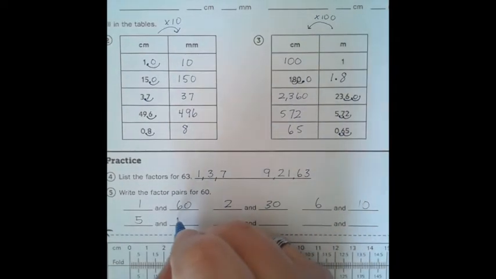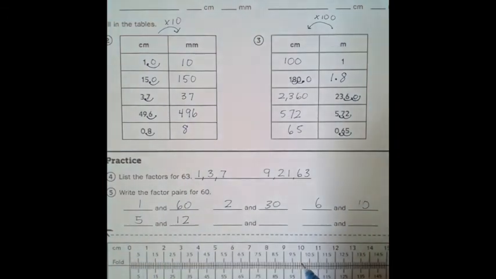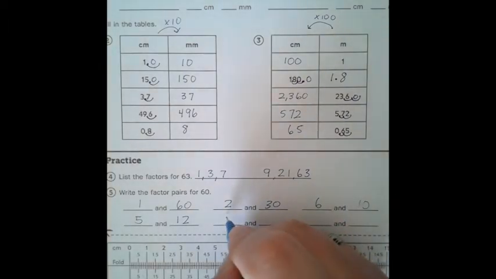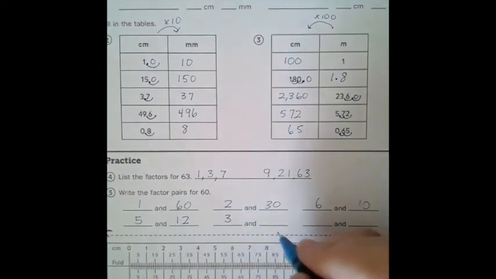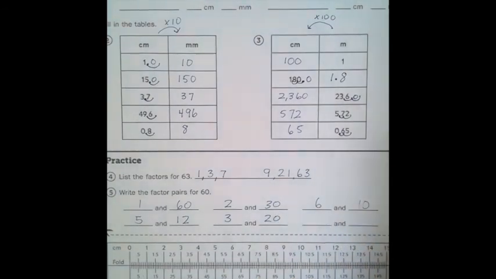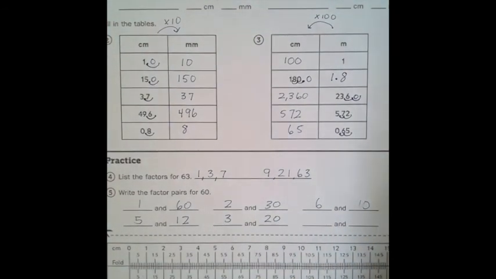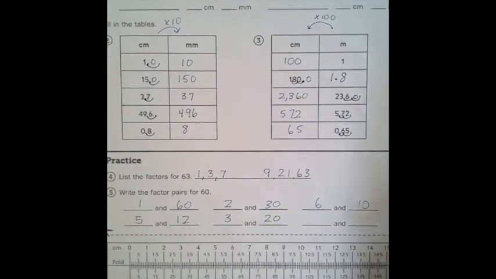So 5 times 12 would be 60. Another one we can do is 3, and 3 times 20 is 60. And last but not least is 4 and 15.